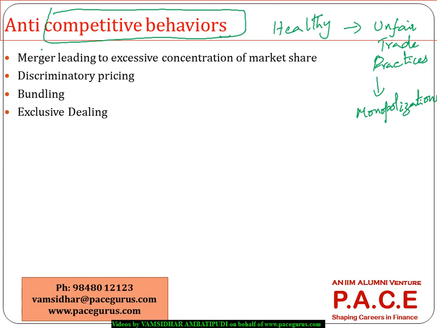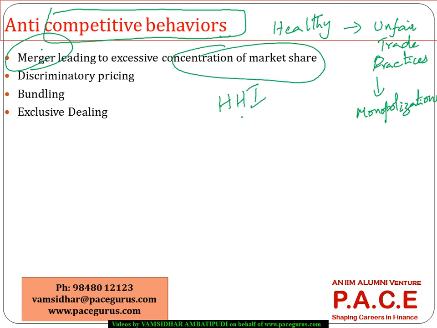Keeping these things in mind, the regulations mainly look at any merger or takeover that can create monopolization or excessive concentration of market share, which can be found using the Herfindahl-Hirschman index. That is taking the squares of the market share of each of the companies separately and finding out whether the value is greater than, let's say, 1800 or so.